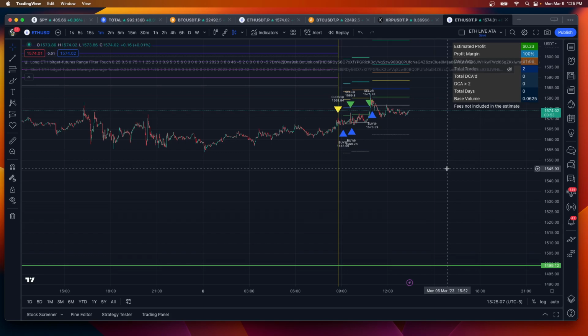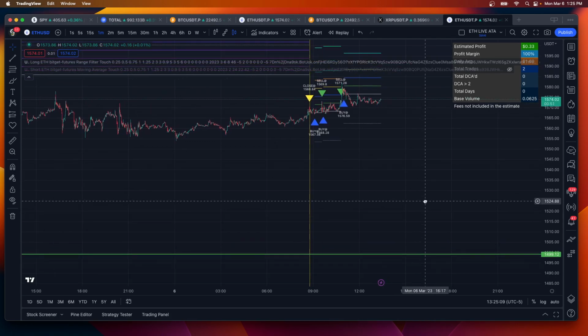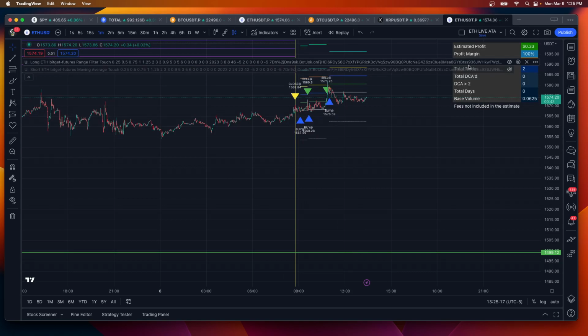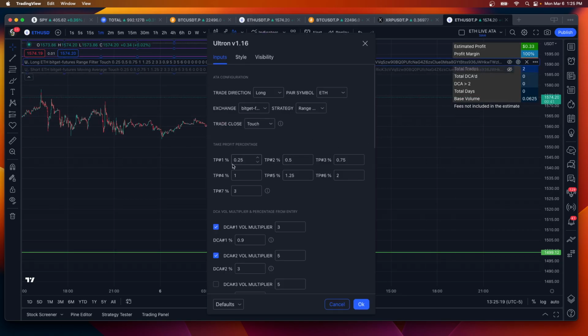I think I put 16 the first time. So if we did 6%, it would be roughly around 1482, which would be somewhere in this area here. This allows you to do a little math to really figure out the percentages, because now it's an actual raw percentage of movement from the entry that you entered.